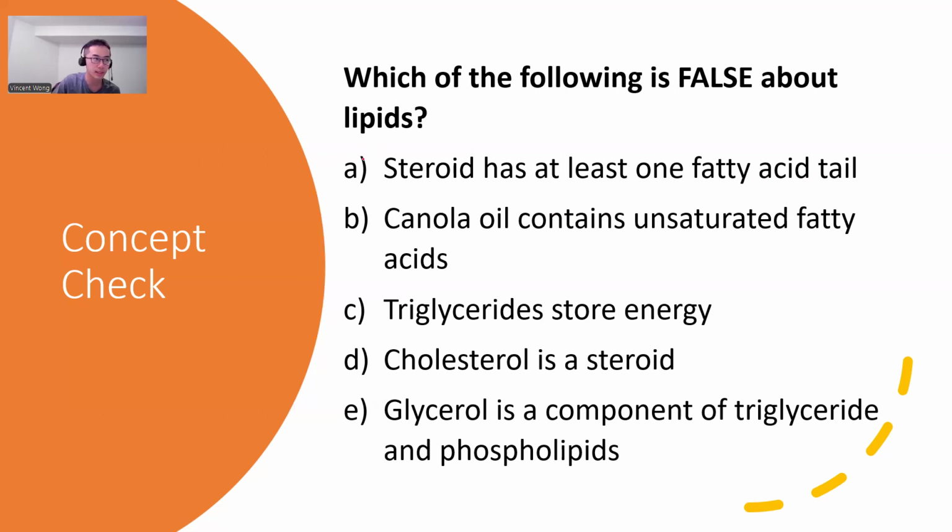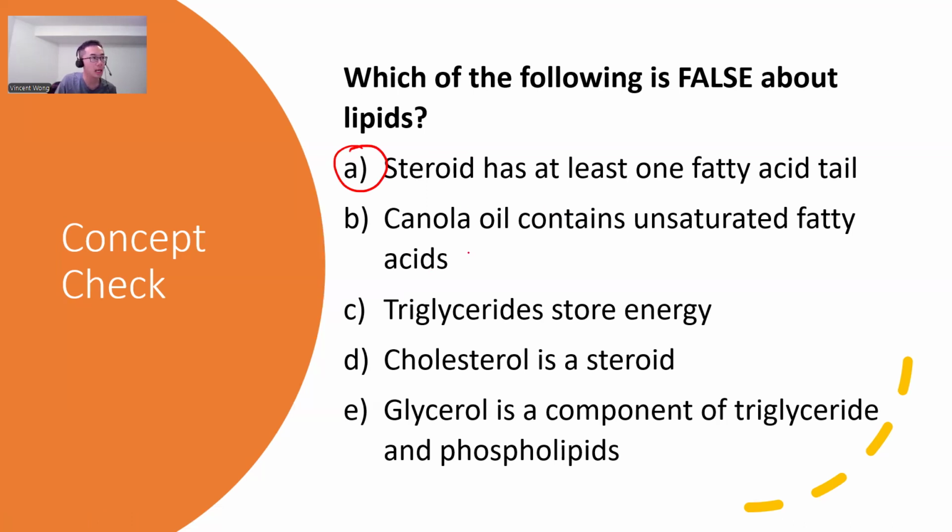That actually is the incorrect one. Okay. The only thing that a steroid needs to have is 4 carbon rings. Okay, and then you attach these functional groups to them. So it doesn't necessarily have to have a fatty acid tail. So that's the wrong one.